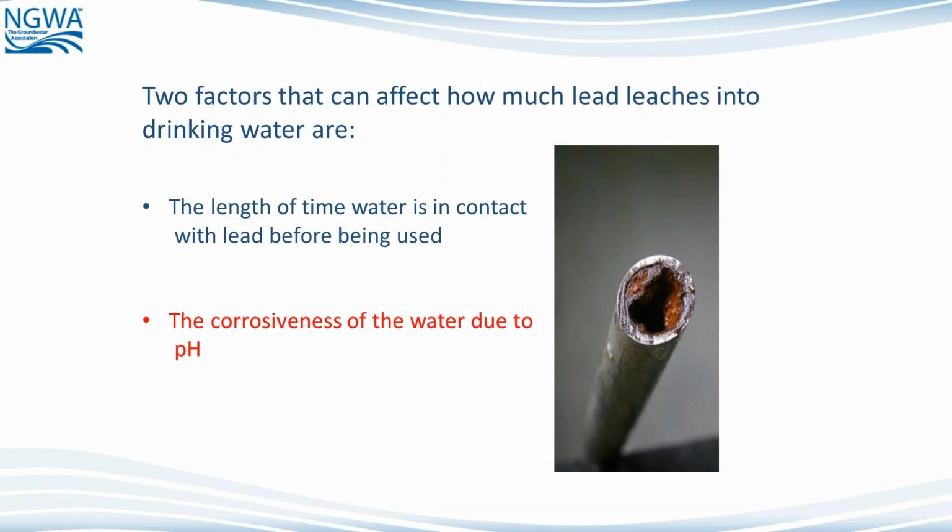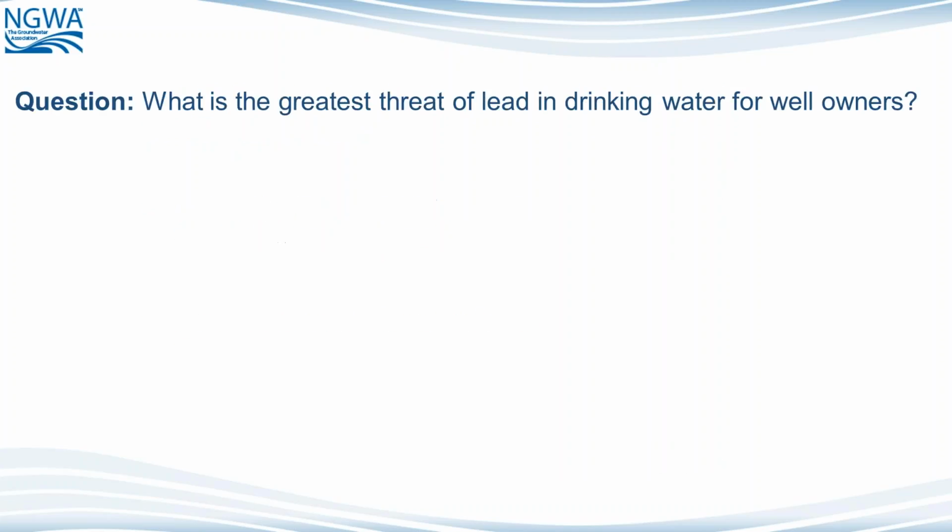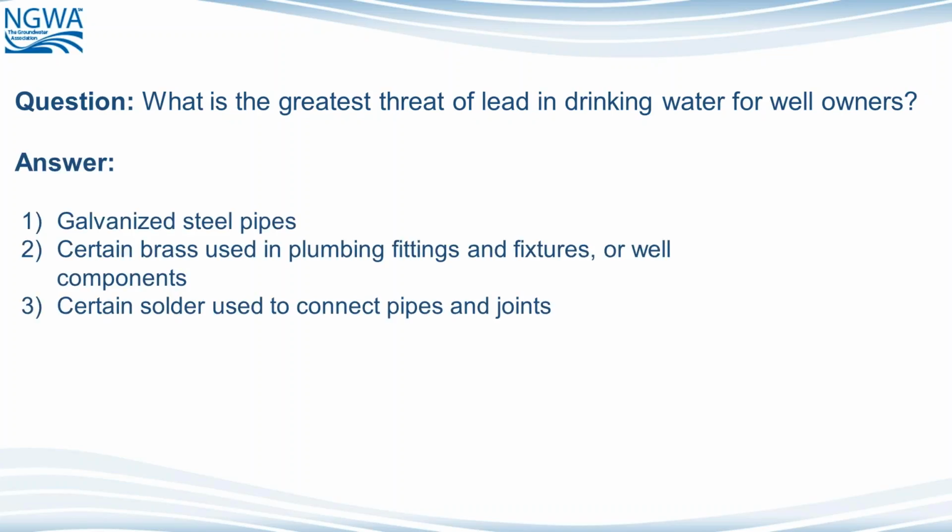The lower the pH, the more corrosive water is typically. So what is the greatest threat of lead in drinking water for well owners? Galvanized steel pipes, certain brass used in plumbing fittings and fixtures or well components, and solder used to connect pipes and joints.